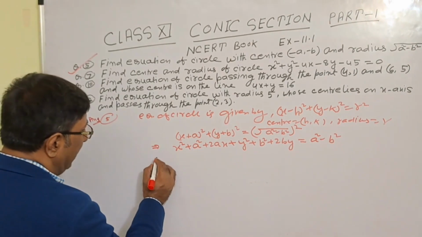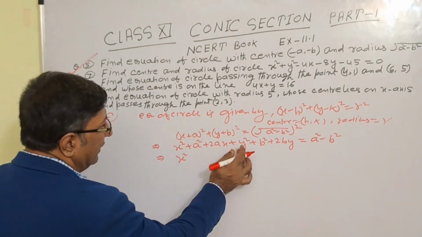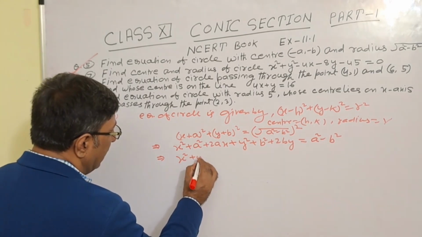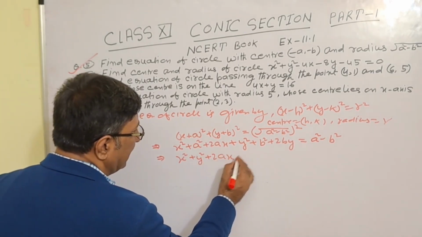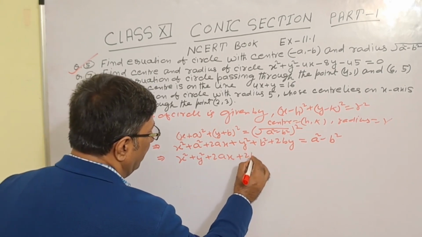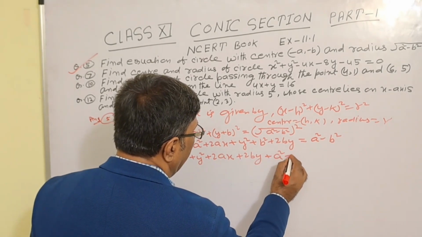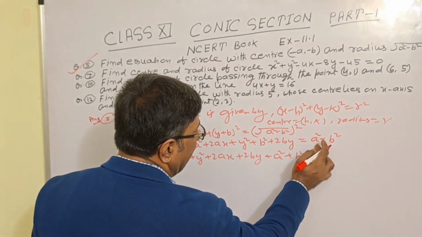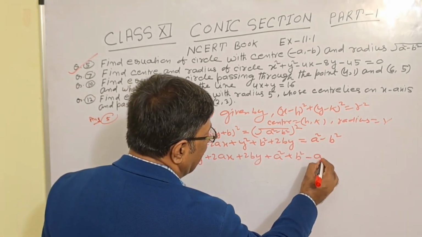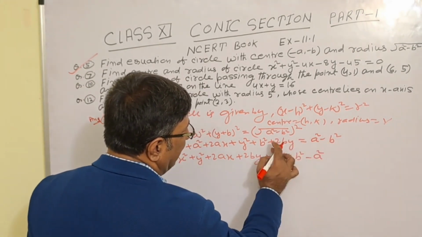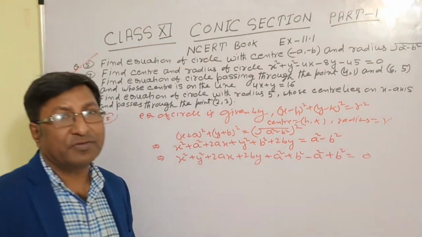So now we will simplify this number like x square first, then plus y square, then plus 2ax, then plus 2by, then plus a square plus b square, and this a square comes to this side, so this becomes minus a square, and this b square comes this side, this becomes plus b square, and this equal to what? 0.